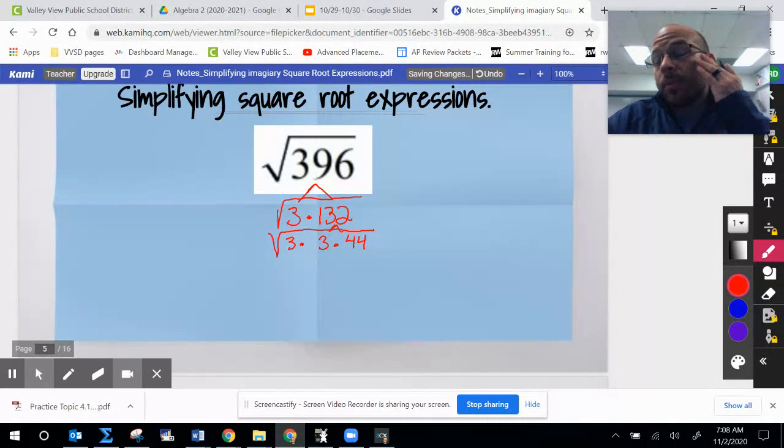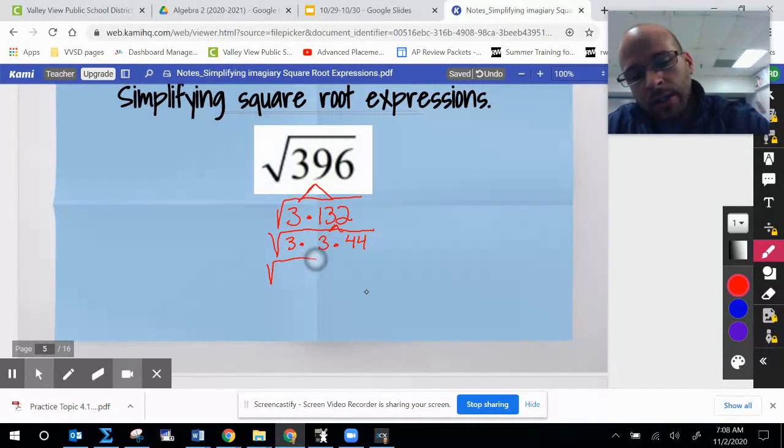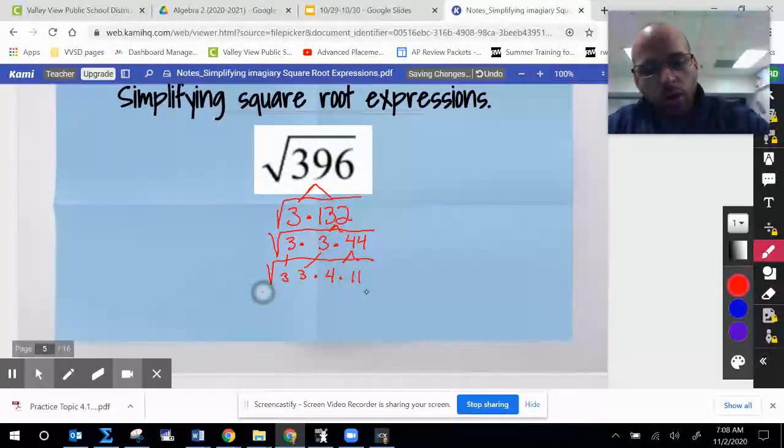Again, we don't want any decimals. Okay, so we want to figure out what numbers divide into it evenly with no remainders. Okay, so I have a 3, I have a 3, and then I can break down 44 into 4 and 11. Now I'm working with numbers I'm a little bit more familiar with.